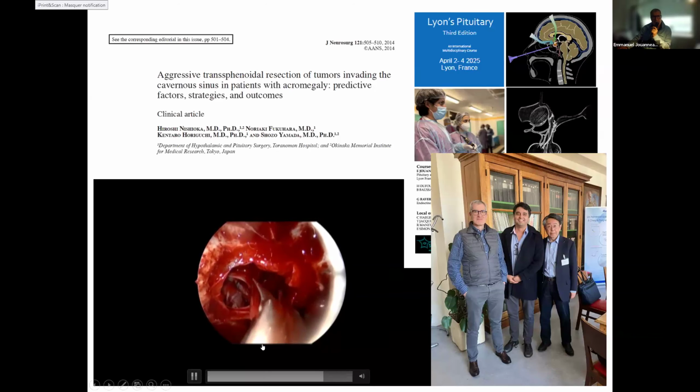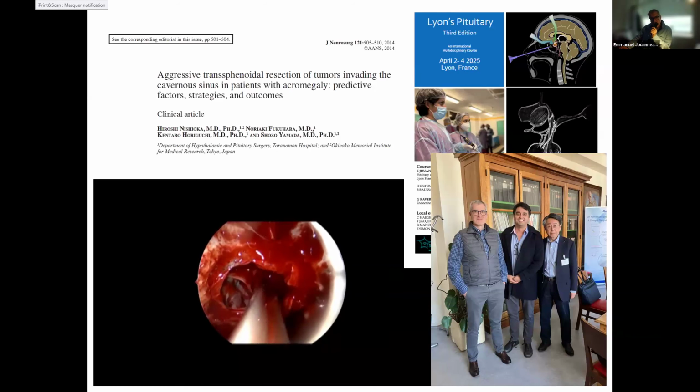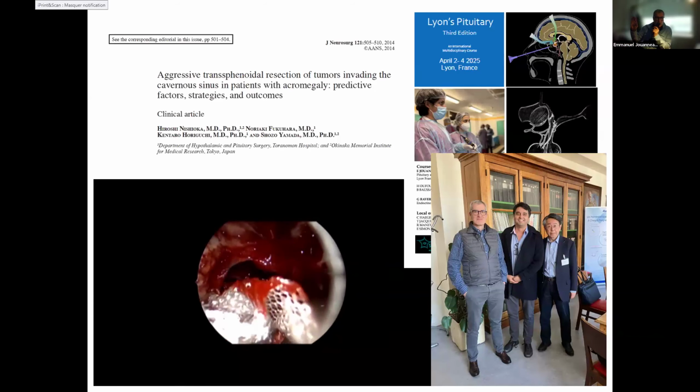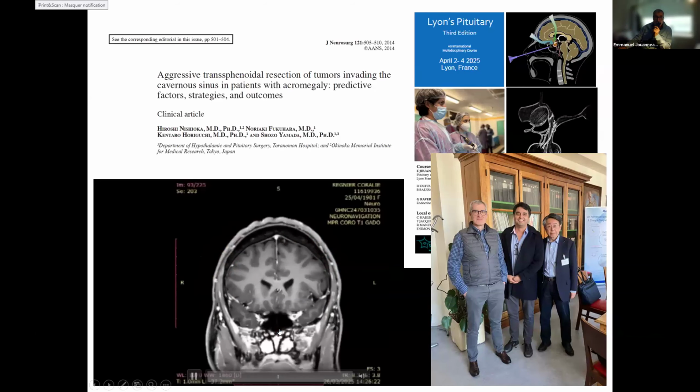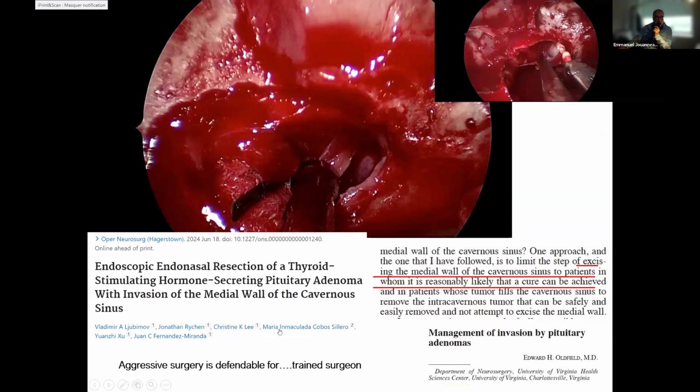So it's the medial approach. With the medial approach you can get inside without a high risk of oculomotor nerve morbidity, because the oculomotor nerve is lateral to the carotid. Sometimes it's not so easy.